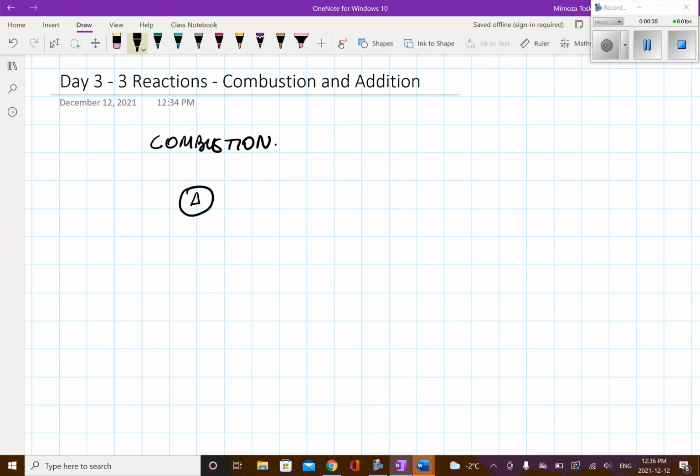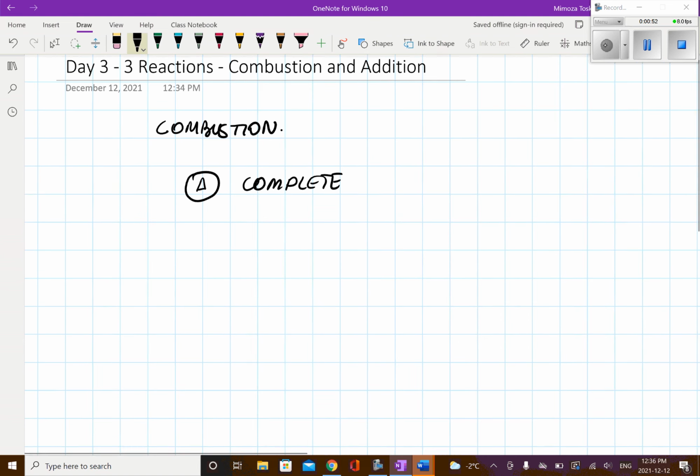When we have a complete combustion reaction, it means that the oxygen gas is in excess. So you'll have plenty of oxygen gas.